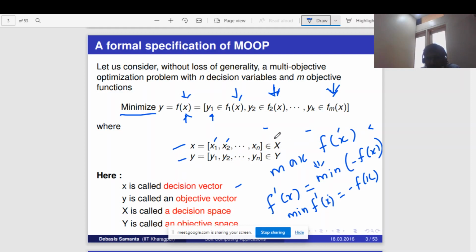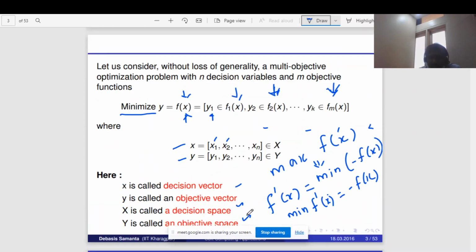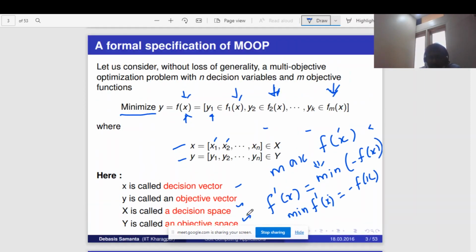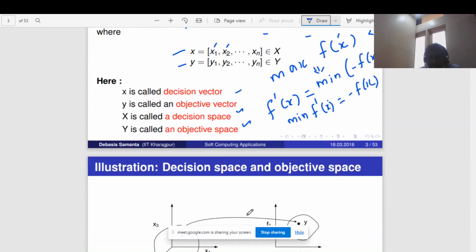All decision vectors put together are called the decision space, and all objective vectors put together are called the objective space. So this is how the MOOP, multi-objective optimization problem, is formally or mathematically defined.